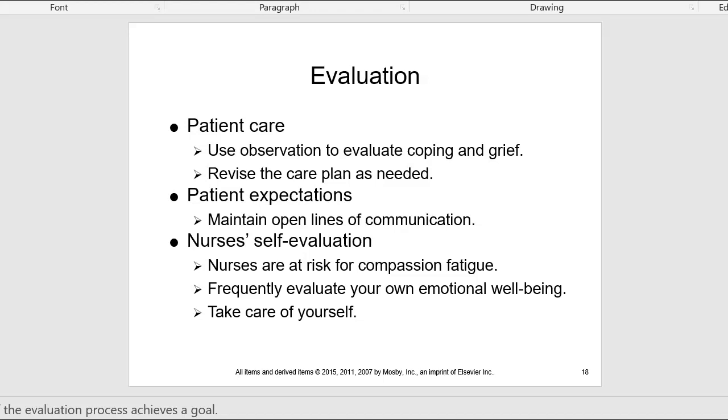Lots of value and satisfaction in helping people die and care for loved ones and helping people get through this. I always say those nurses who do this all the time are super special.